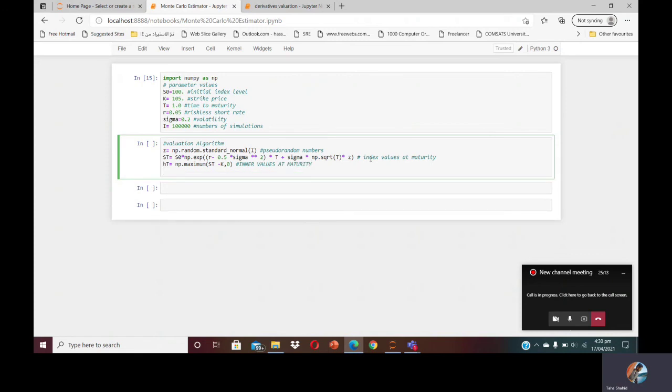Now we will put the formula of the Monte Carlo estimator.